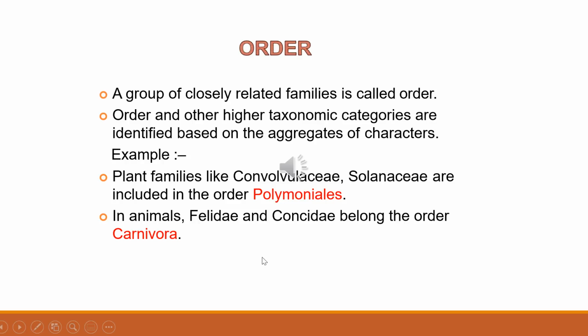Order is a taxonomic category having one or more related families that possess some similar correlated characters, which are lesser in number as compared to the correlated characters of the genera of a family. For example, in animals, order Carnivora contains the related families Canidae, Felidae, and Ursidae.